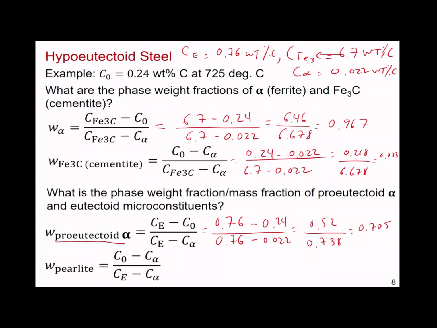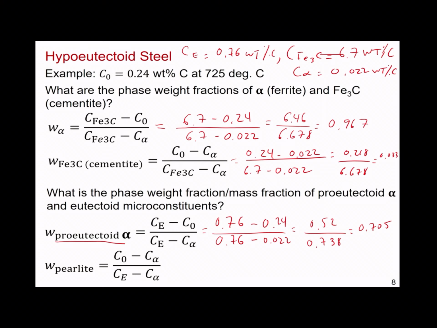Now, before we called the eutectic microstructure these lamellae, stripe kind of microstructure. Here we call this microstructure perlite, and the stripes give the material sort of a pearlitic sheen under the microscope.